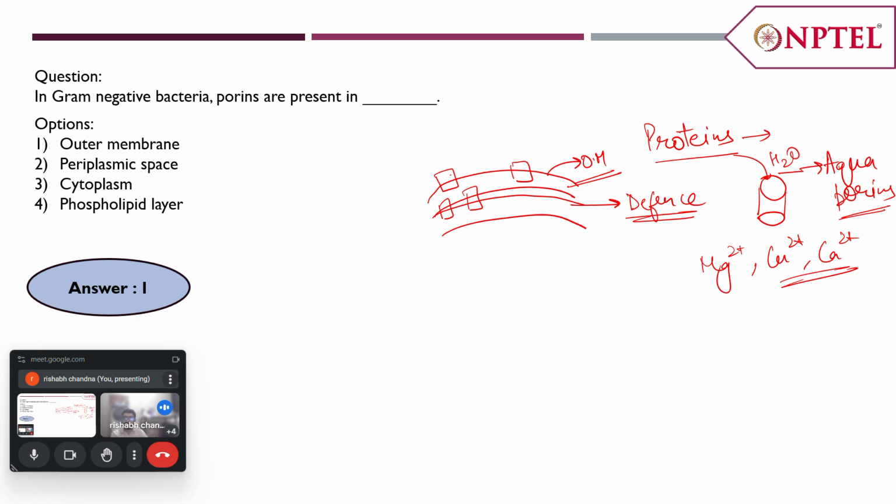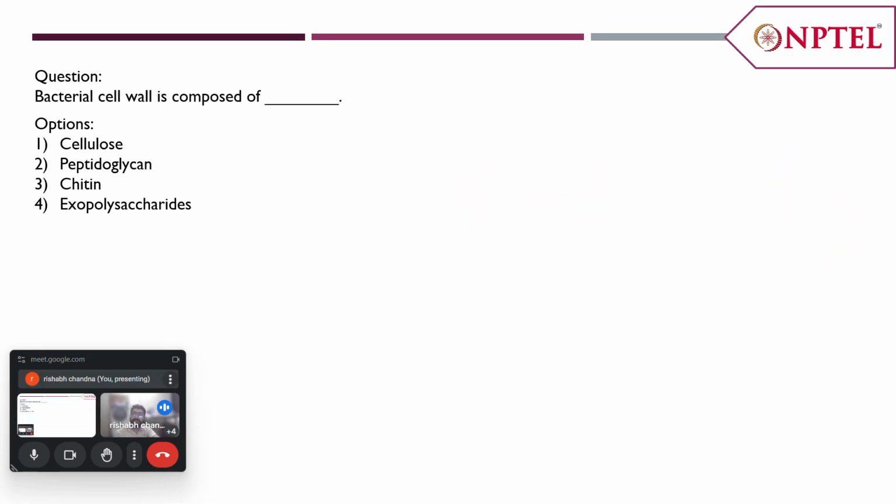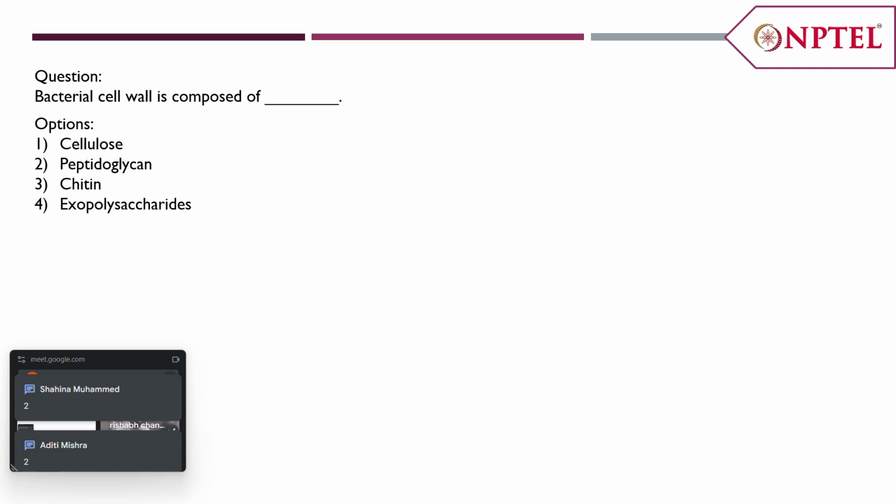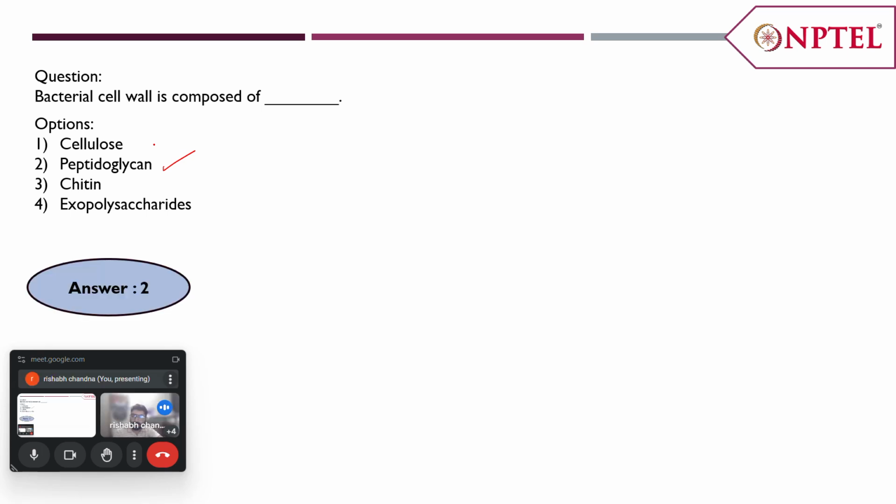So any more doubts in this question? Okay, let's move on to the next question. Bacterial cell wall is composed of cellulose, peptidoglycan, chitin, or exopolysaccharides. So peptidoglycan is present in the bacterial cell wall.